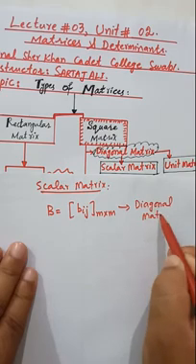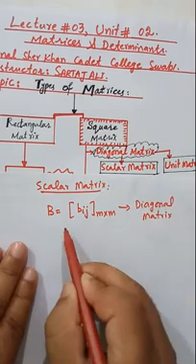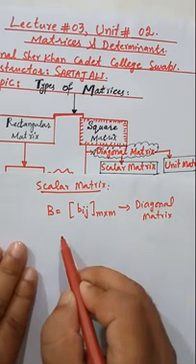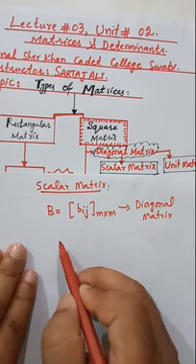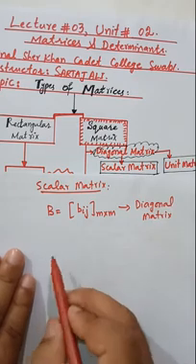So what does it mean? This matrix is a square matrix in which the elements of the principal diagonal are non-zero and the rest of the elements are zero. So how can you write that?